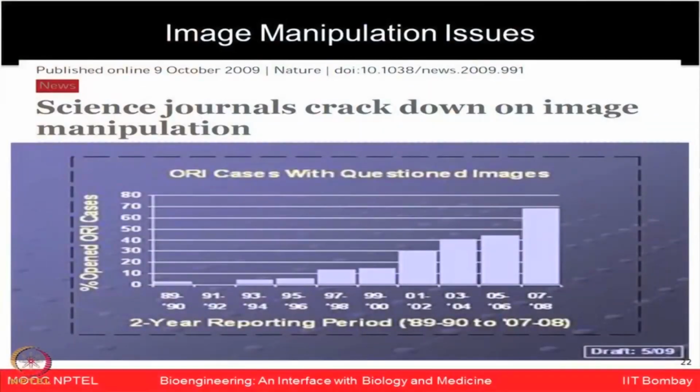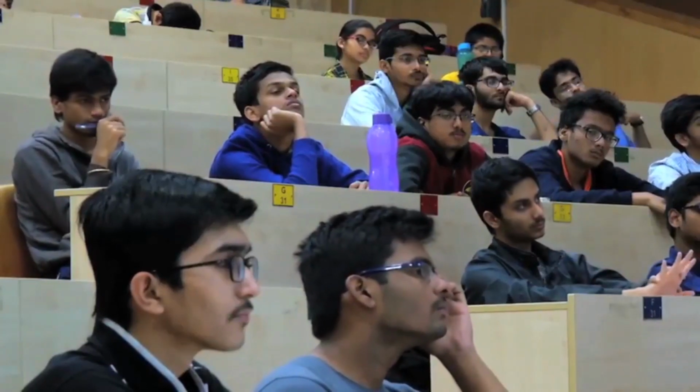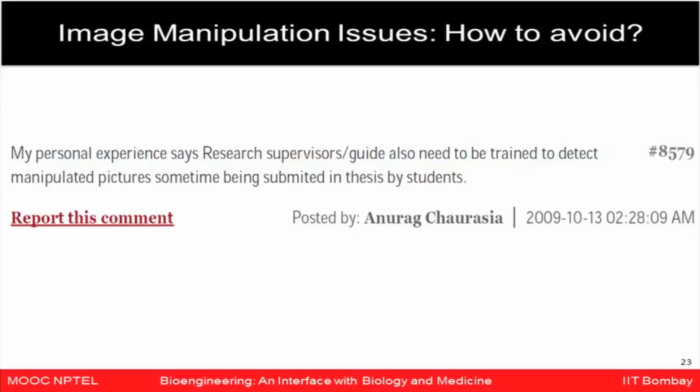So, the question is, if you are a PI or the head of a lab, and you do not have much experience operating these photo imaging or photo editing softwares, you may not be able to make sense of what is exactly the correct image or what could be the manipulated image. One researcher mentions in a blog that, in my personal experience, research supervisors and guides also need to be trained to detect manipulated pictures.